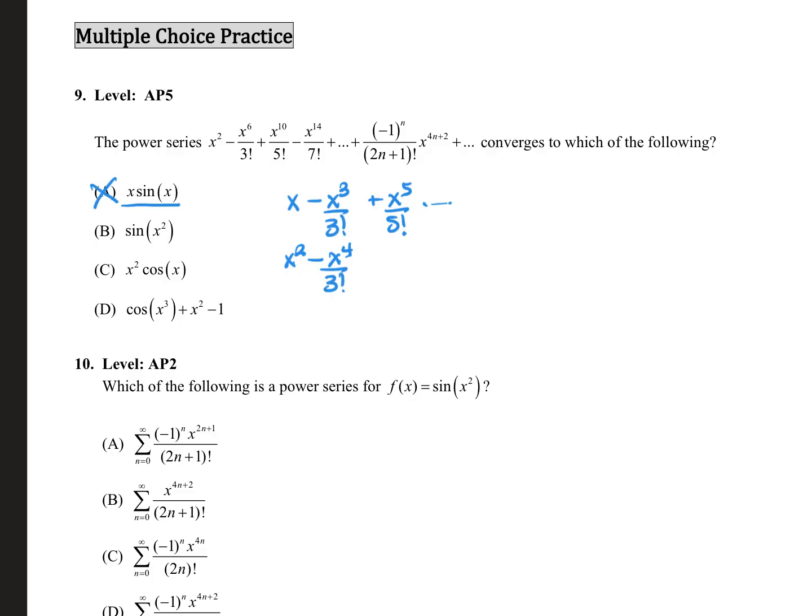The next one says, what happens if I replace all the x with x squareds? So that would leave us with x squared minus x squared cubed plus x squared to the 5th, and I believe that's what it is.